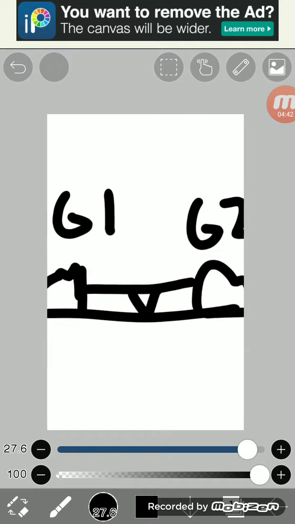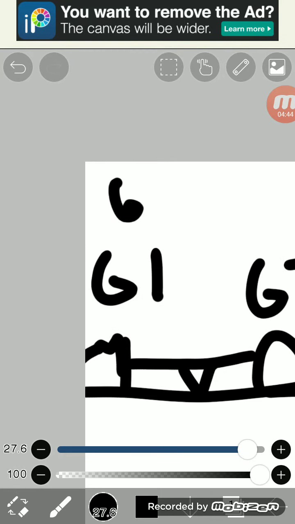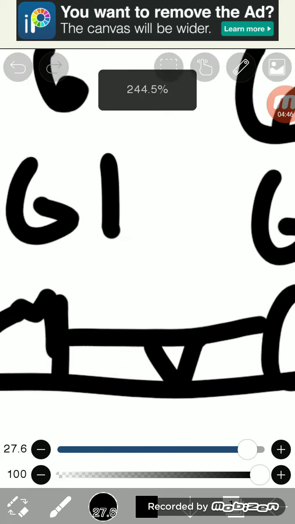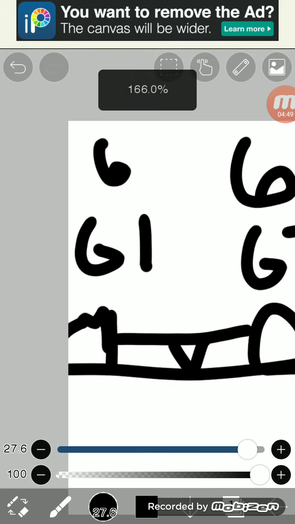Like this, group 1 has 6, and group 2 has 6. So if they pull, there's no motion, because there is the same amount of teammates in each group.